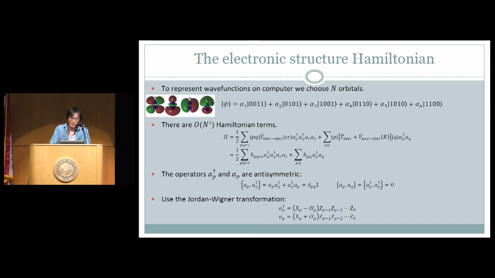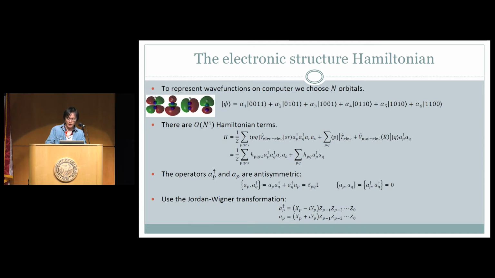In this basis set, we can express our Hamiltonian as a linear combination of fermionic operators. There will be at most these two-body interaction terms where you have a sum over PQRS. PQRS index the orbitals, and in the worst case, there are going to be n to the 4 of these terms if you have n orbitals. So if you think about just the worst case, the cost of simulation in second quantization in this basis is n to the 8.